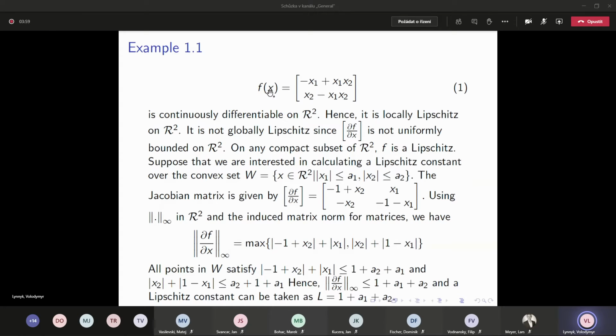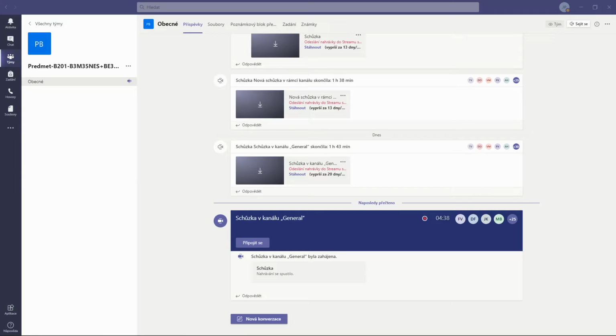This function is continuously differentiable on R2, and it is locally Lipschitz on R2, because when we calculate the Jacobian, we see that it is not uniformly bounded, because ∂f1/∂x2 and ∂f2/∂x2 depend on x.